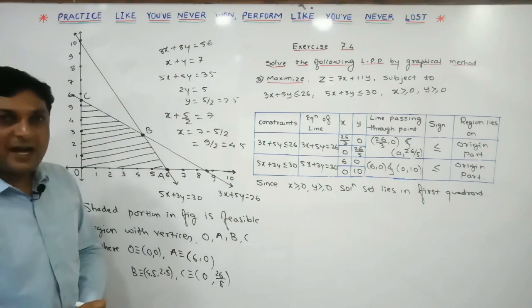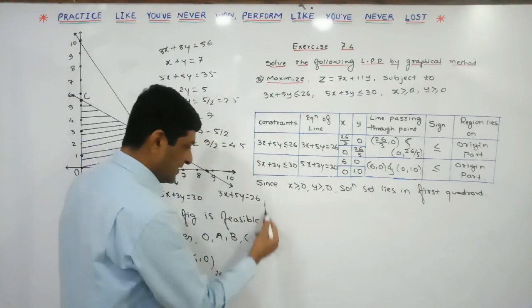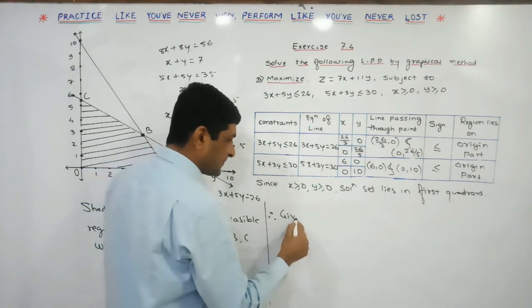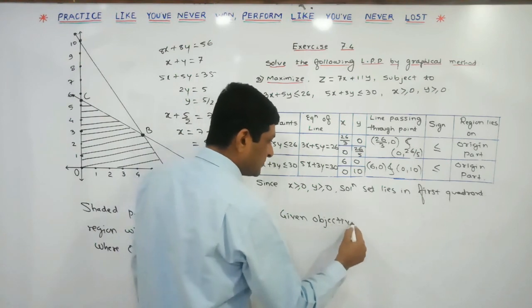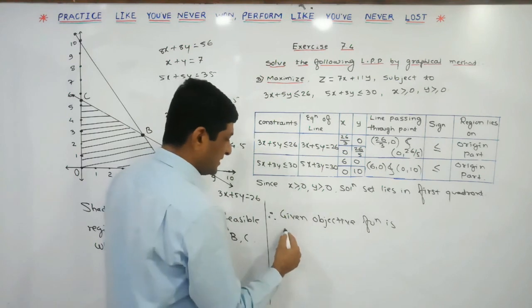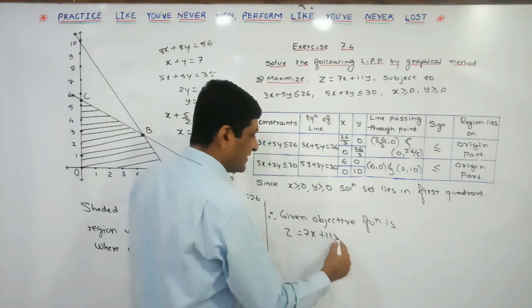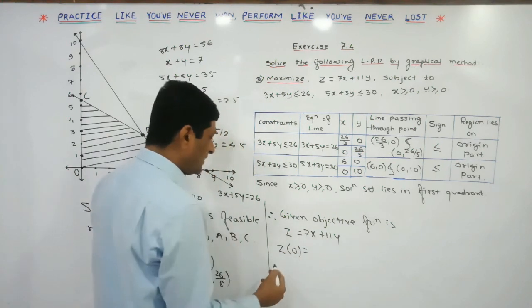Once the coordinates are known to us, then consider our objective function. The given objective function is Z is equal to 7x plus 11y. Now we are trying to find the value of this objective function at all the vertices.